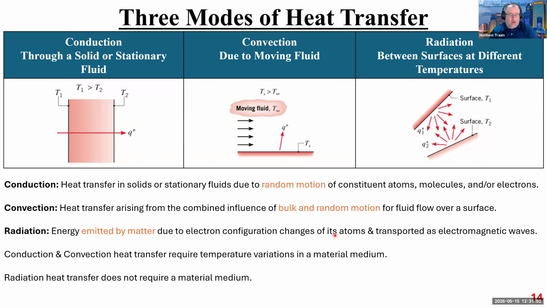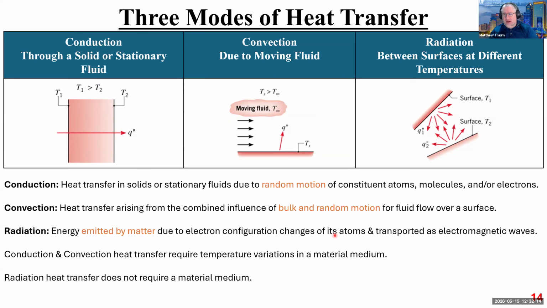We talked about all three of those in my fluids class, and hopefully you did too if you didn't take fluids with me. But this, by the way, is why fluids is the prerequisite for heat transfer, because to do convection, you have to know what the flow field looks like. And to know what the flow field looks like, you have to have taken the fluids class. So convection is basically heat transfer due to moving fluid.